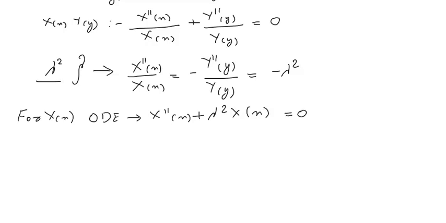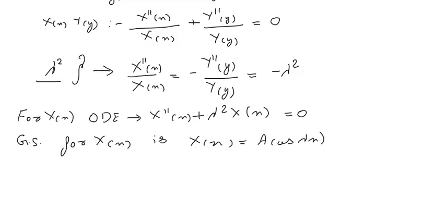The general solution, or GS, for X(x) can be written as A cos lambda x plus B sin lambda x.